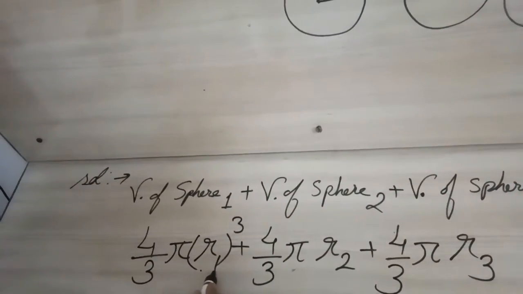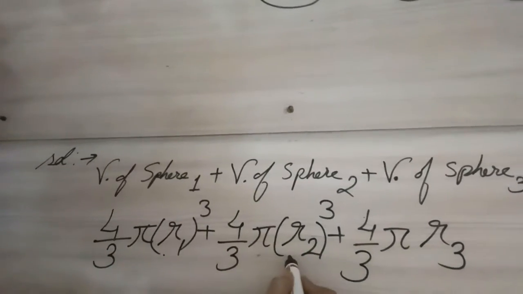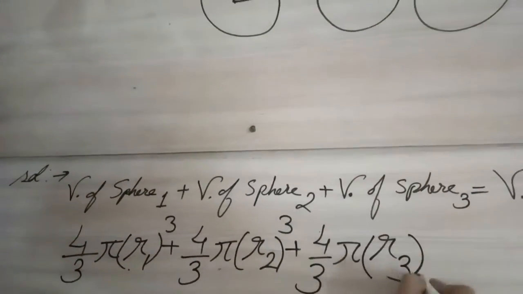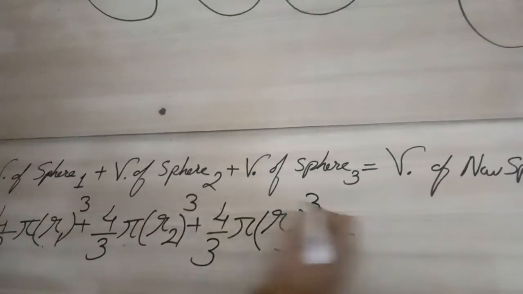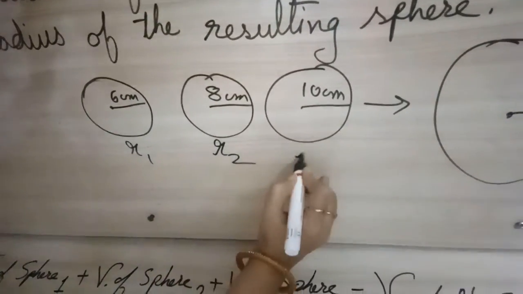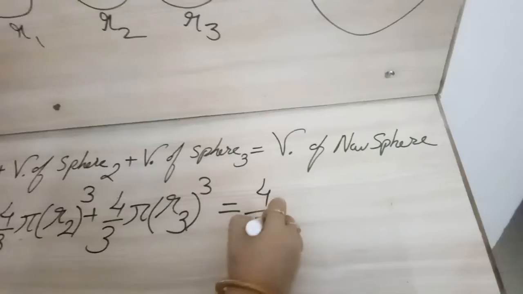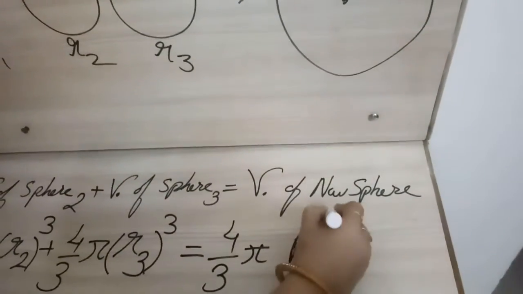I have named it r1, r2, r3. Okay, we have named it different. We can assume it as r1, r2, r3, and then we have to find here 4 by 3 pi, and this is capital R, so R cube.